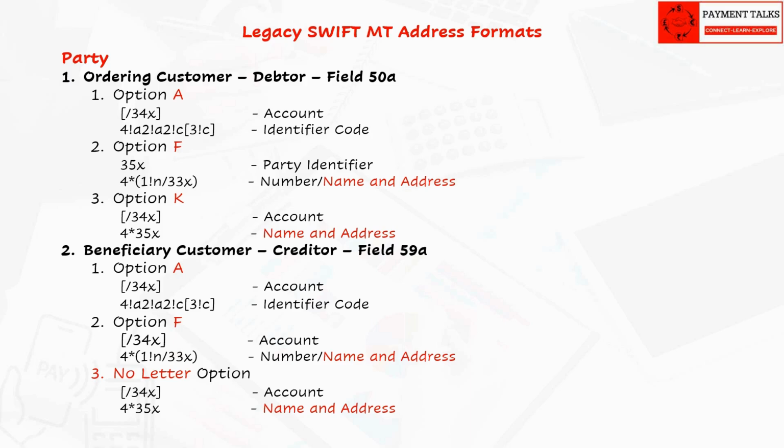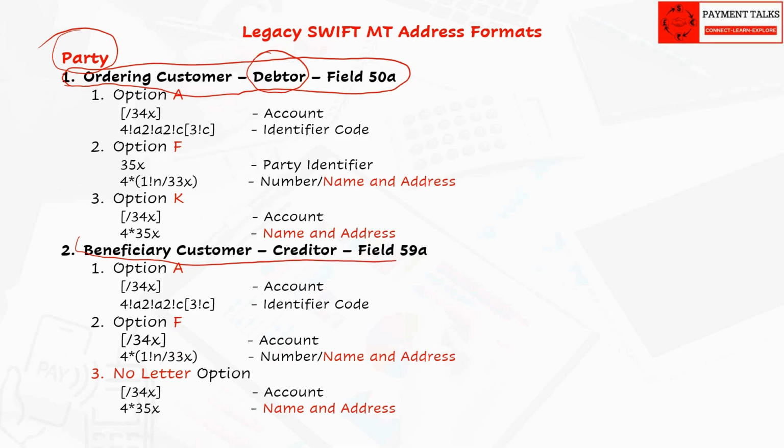The party elements in Swift MT 103 customer credit transfer are: first is field 50, which is ordering customer. The ISO equivalent is the debtor element. The second is field 59, which is beneficiary customer. The ISO equivalent is the creditor element.